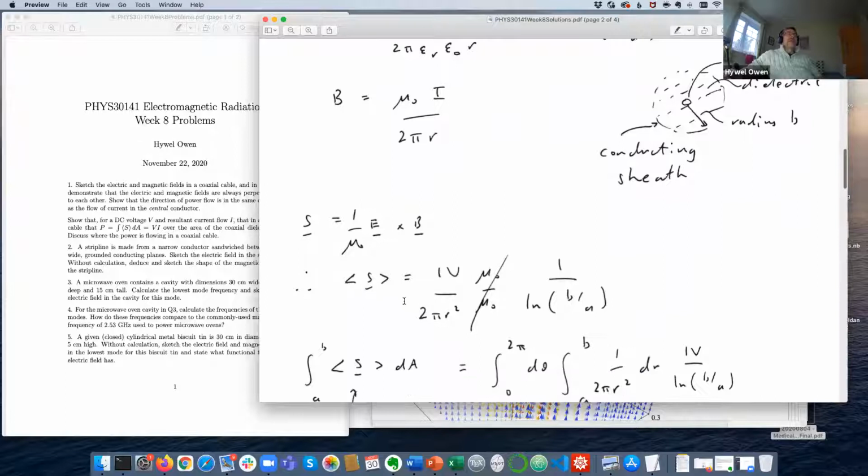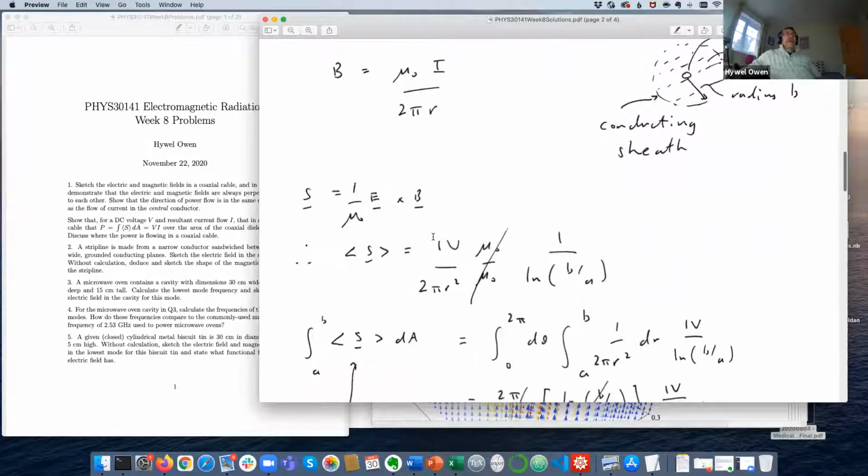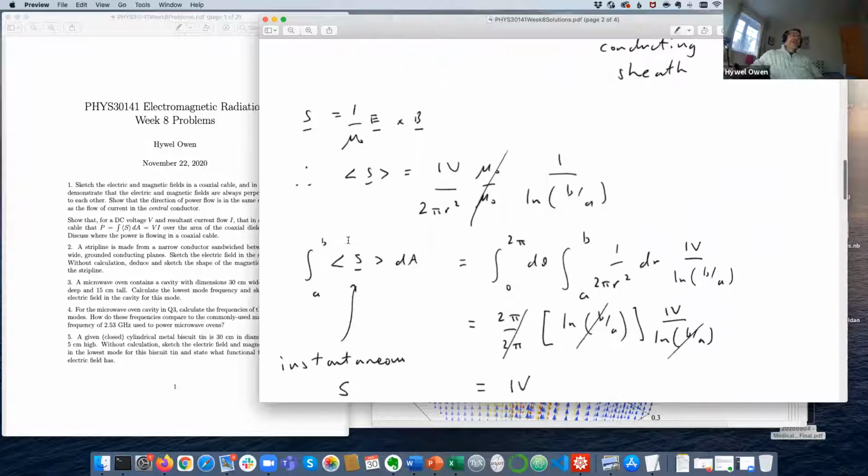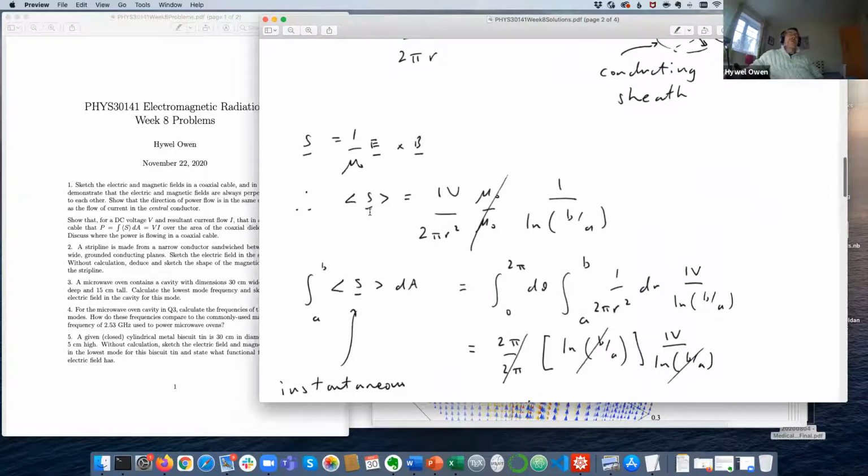Formally speaking, the Poynting vector S is 1 over mu naught E cross B. What I'm calculating here is the instantaneous value of the Poynting vector at any particular moment, IV over 2 pi r squared, and I simply multiply E and B together because they're at right angles, and of course everything cancels out apart from the log B over A.